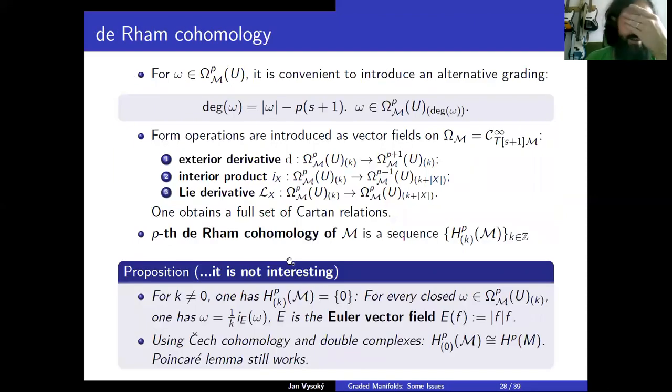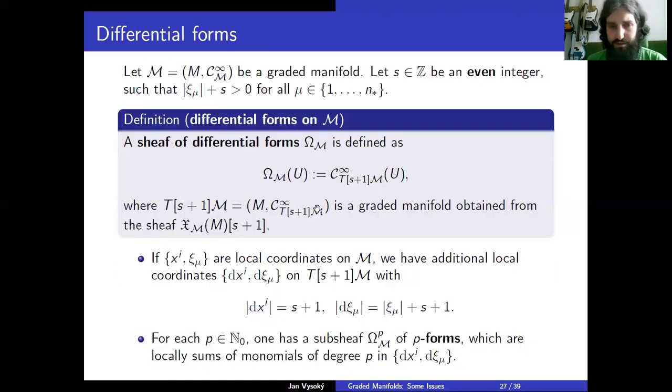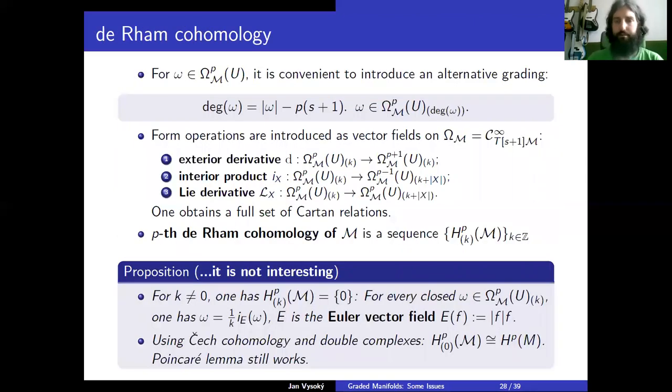I think it's true that this sheaf of differential forms still defines a sheaf of infinite-dimensional modules over my graded manifold. Okay, and they're well enough behaved so that you can interpret them as locally free.